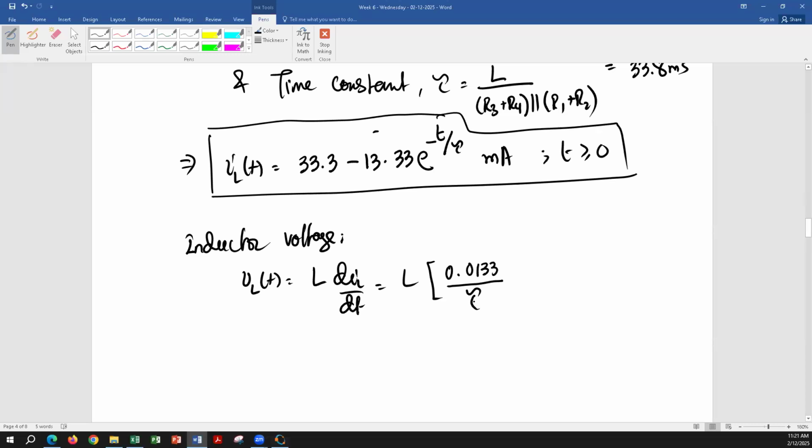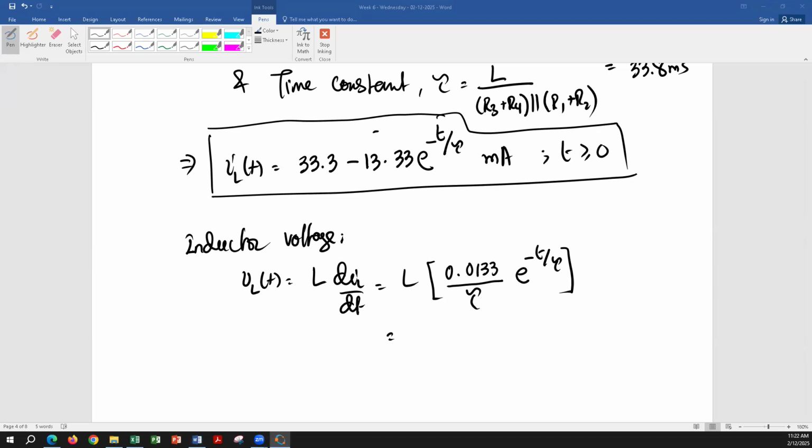I'm just putting tau, so I'm not doing further calculation in my MATLAB. I'm just going to use this and then put it in there. And e to the minus t over tau. So that's going to be the derivative of that.